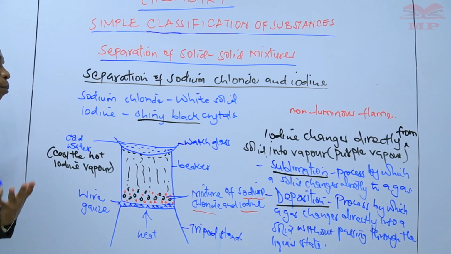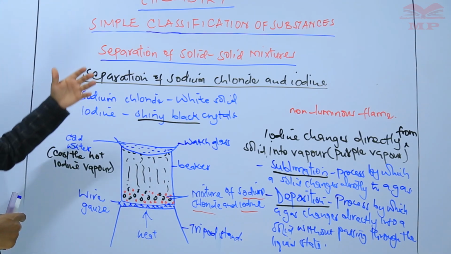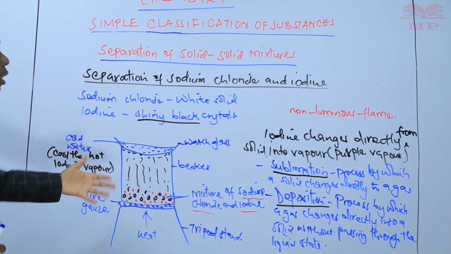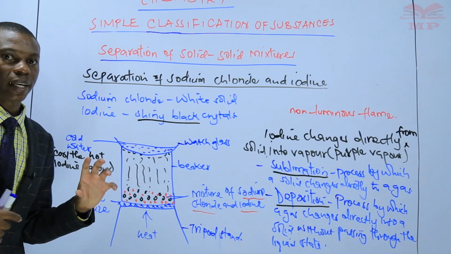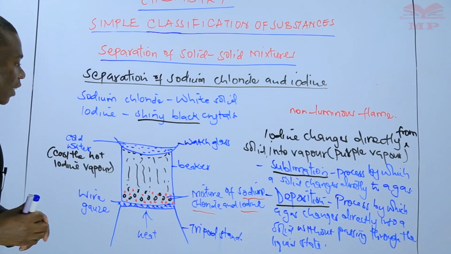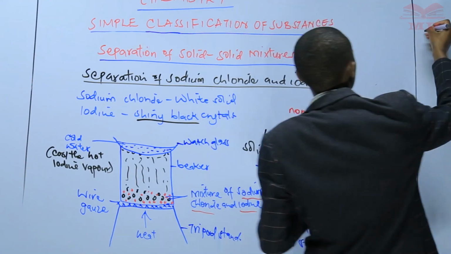Remember, we are still looking at the separation of sodium chloride and iodine. And therefore, the method which has helped us separate a mixture of sodium chloride and iodine is the sublimation method.